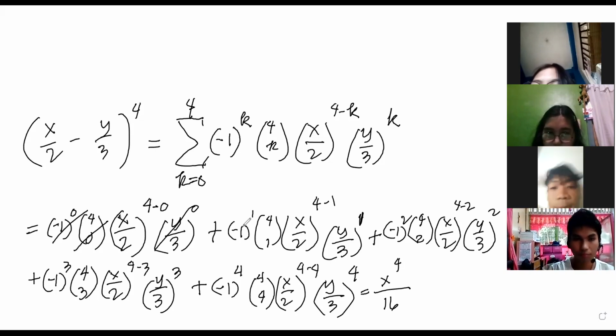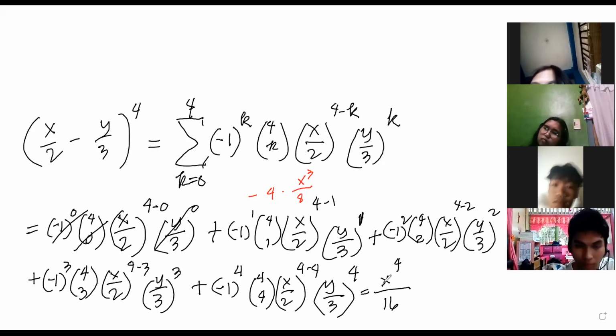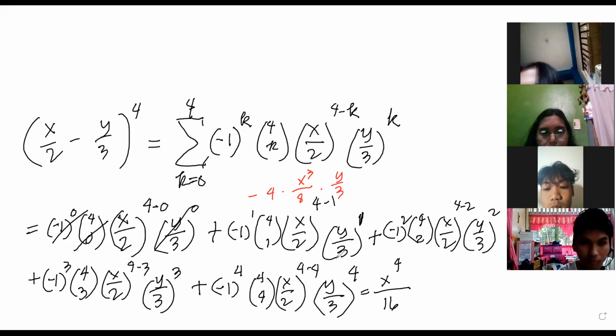In the second term, this is odd, so this must be negative, right? Negative 1 times 4 taken 1, which is just 4. So this is negative 4. This is to the power of 3, so it should be times x raised to the power of 3 over 8. Right? And here is raised to 1, so you simply copy y over 3.